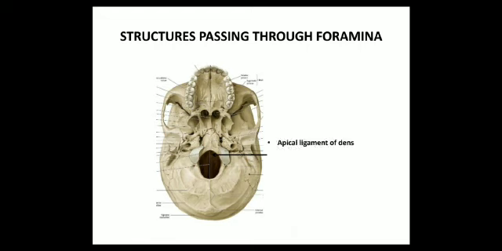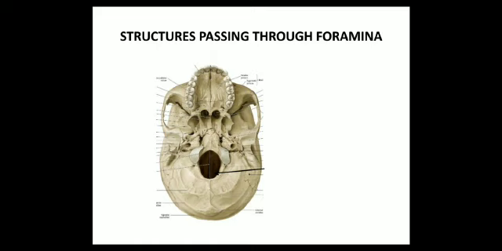Through the foramen magnum: the apical ligament of dens and the vertical band of the cruciate ligament. These two are passing through the narrow anterior part, and one more structure in this is the membrana tectoria.